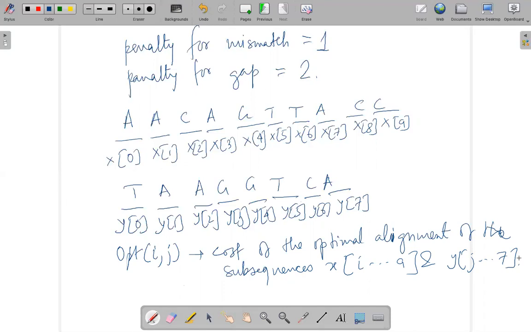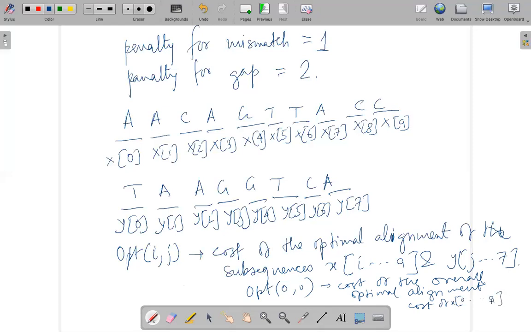Okay. This means that opt 00 is the cost of the overall optimal alignment, which represents the cost of x 0 through 9 and y 0 through 7.